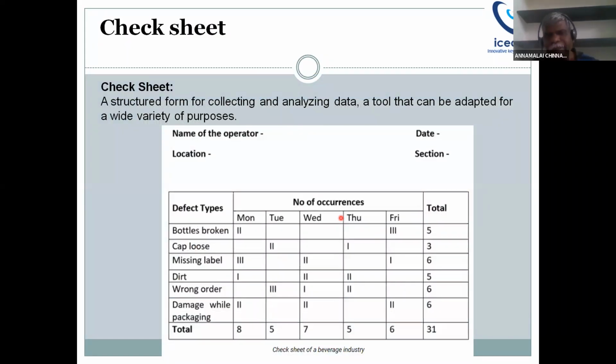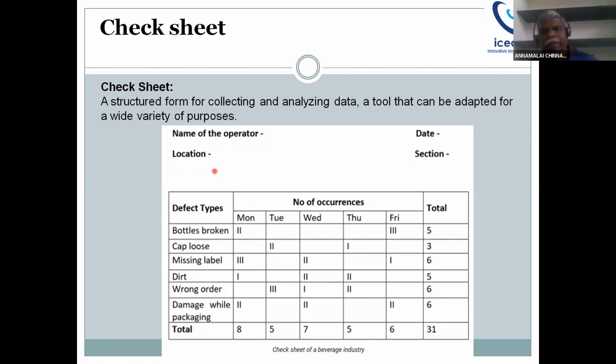Then again, check sheets is again a tool. It's a part of the 7QC tools, which helps identify the extent of the problem we are facing, right? For example, assume that you are working for a beverage manufacturing company like Coca-Cola.